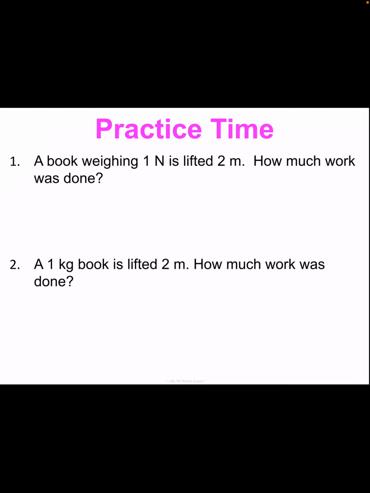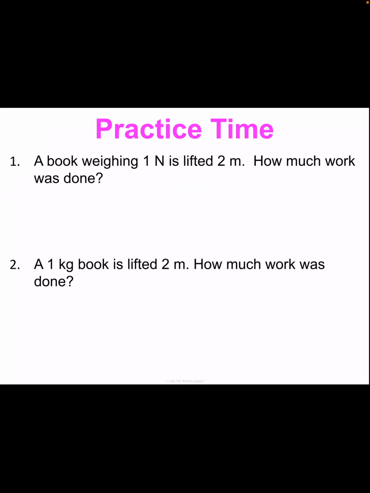So now under practice time, we should be near the bottom of page 25. I want you to separate this into 4 spots. So either 4 boxes, like a line down the middle and then a line going across, or you can make 4 lines going across.